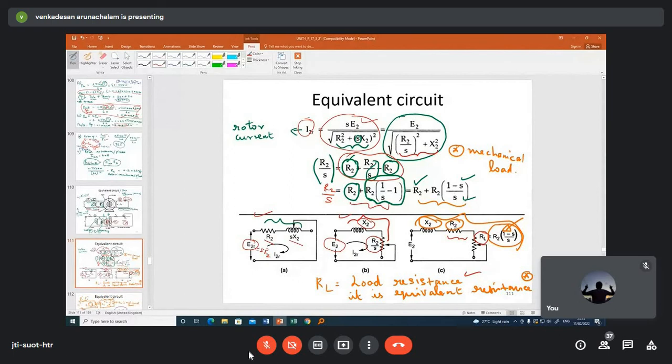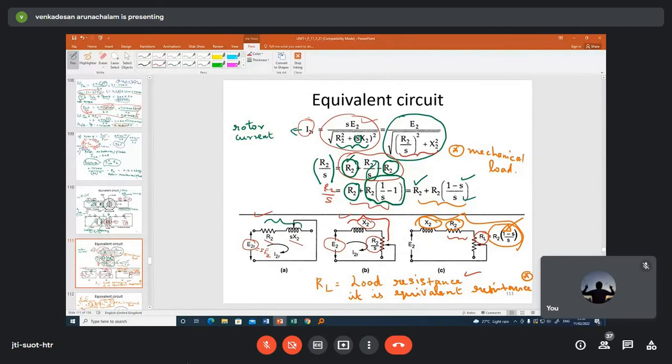Till now, is this clear or is anybody having any doubt? So the mechanical load is equivalently represented using the resistance. When you change the load, that is reflecting the speed, that is reflecting the slip, and that is represented as the equivalent resistance.